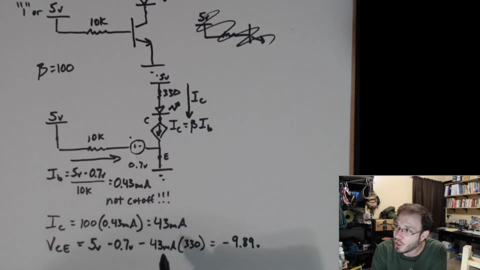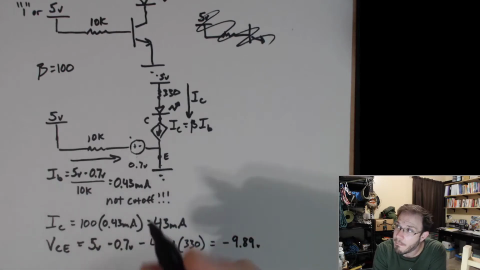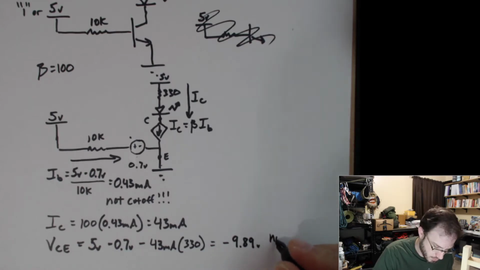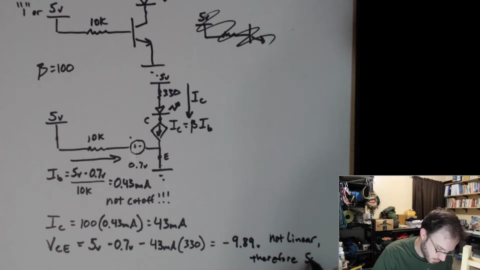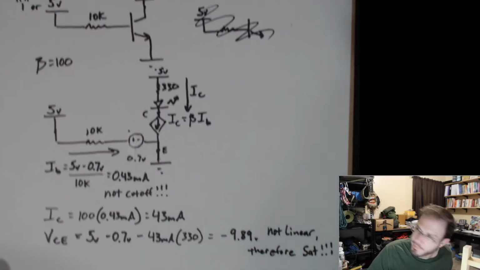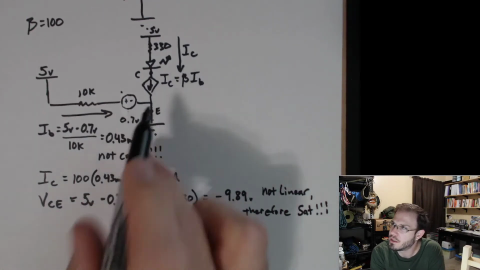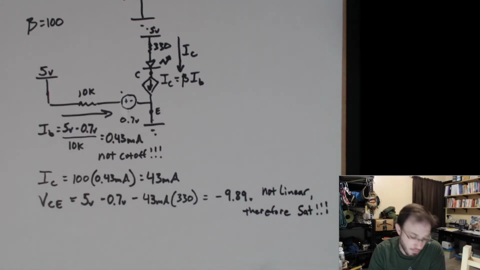If it's not linear and it's definitely not cutoff, it must be saturation. So we now know that this transistor is behaving in its saturation mode.